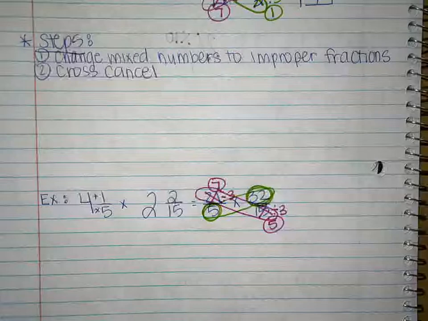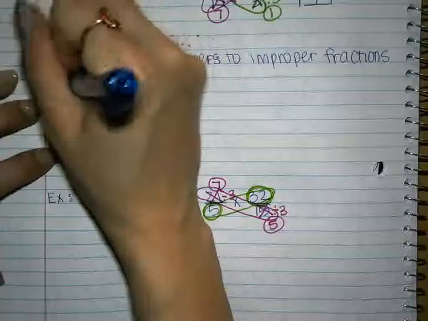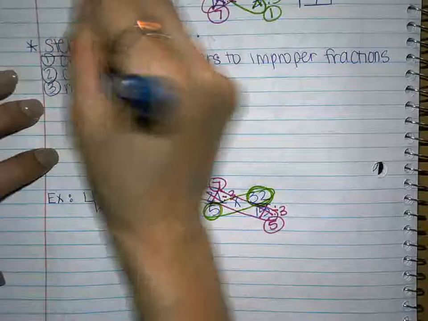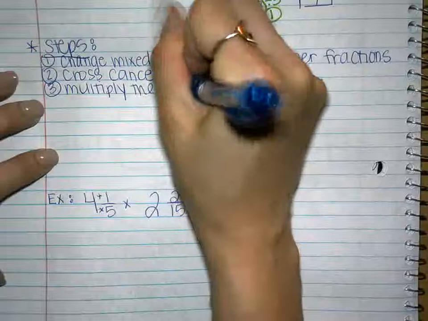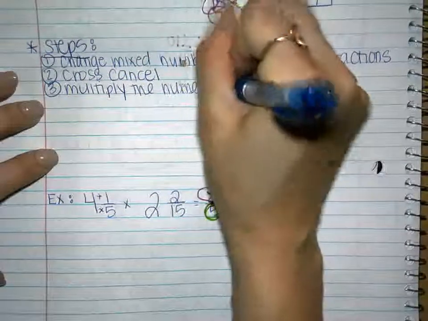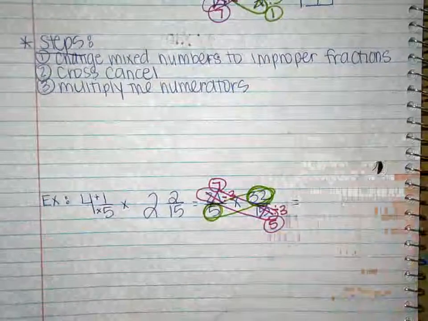So step 3, what do you think step 3 is? Multiply the numerators. Everyone do that for me. Everyone do 7 times 32.